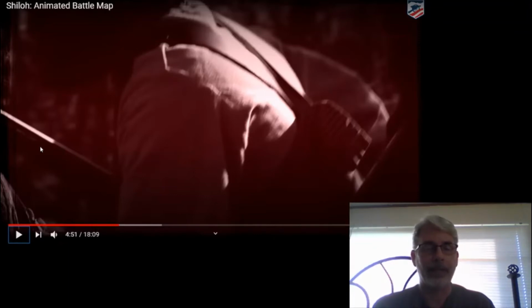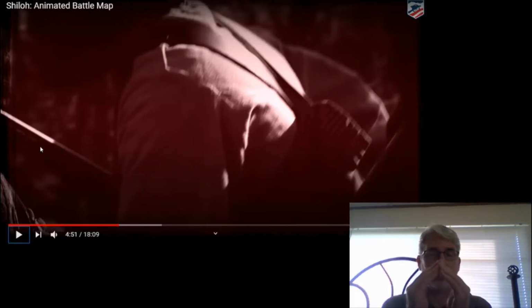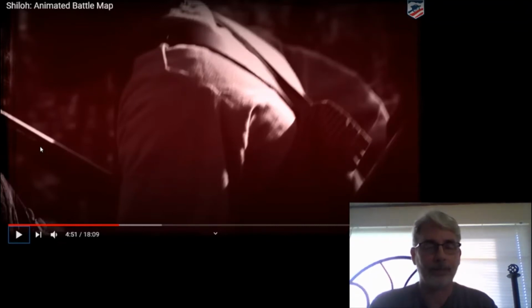Many of the weapons that you've heard of, like the Springfield 1862, that used the mini ball, which was a conical shaped bullet that was hollow, that when it hit, it would spread out, causing major damage, was not in effect. Many of them had flintlock instead of the later weapons that were used by the Union Army.